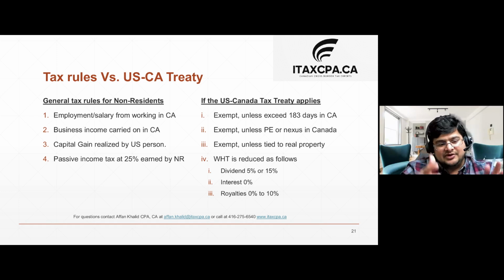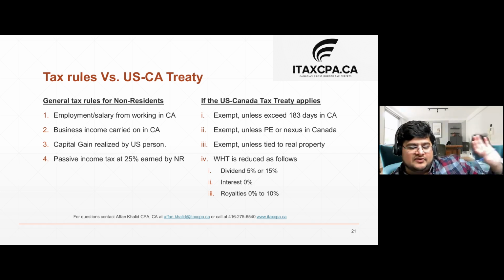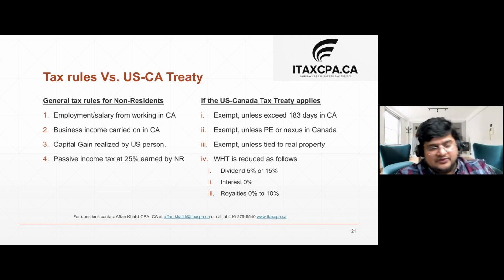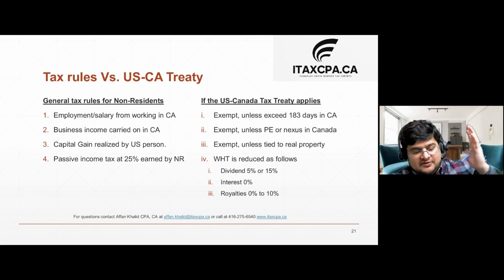You can see how the treaty really provides a lot of protection and gives you the benefits. So if the US Canada treaty applies, then any employment income is exempt from tax unless the US person is in Canada for more than 183 days. For business income, if it's a US company, your business income is exempt from tax in Canada unless you have a PE or nexus in Canada.